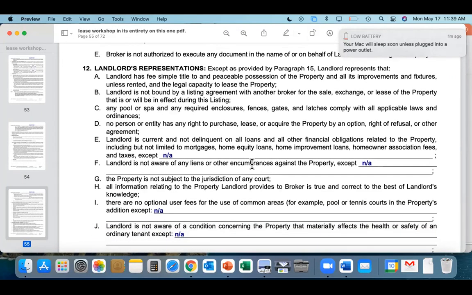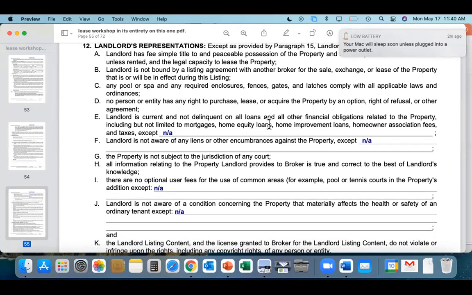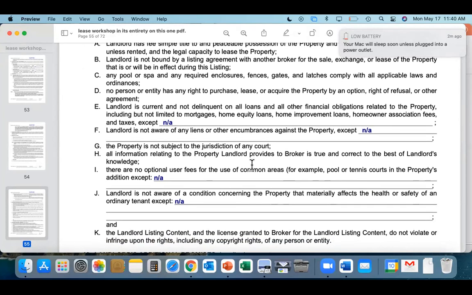These are questions that we ask the landlord. We want to make sure, just like in a regular listing, that we can put the house up for lease. That if there's a pool and a spa, the fences and the gates and the latches are working accordingly. That he doesn't have the house up for sale or exchange with another brokerage, that we're free to go ahead and get a tenant committed.